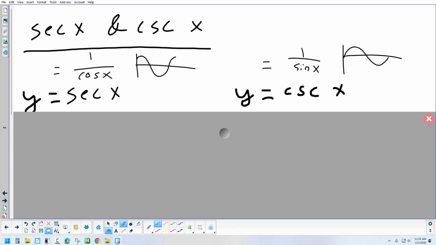Pi over 2 is the first one, and 3 pi over 2. Cosine is 0 here. Cosine is 0 here. What happens when cosine is 0 in this fraction?